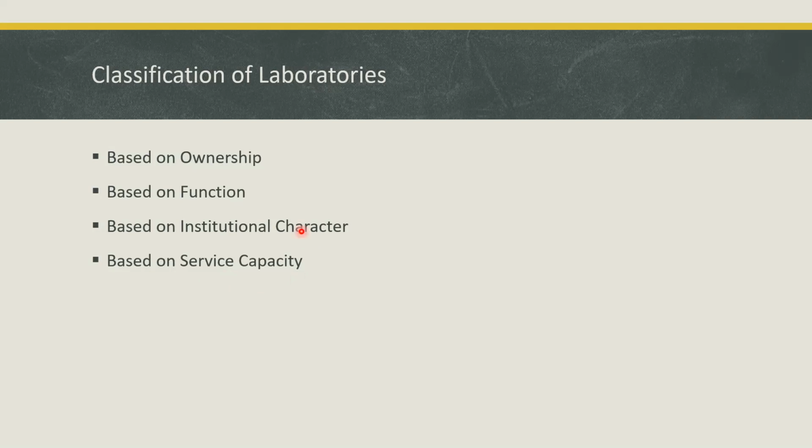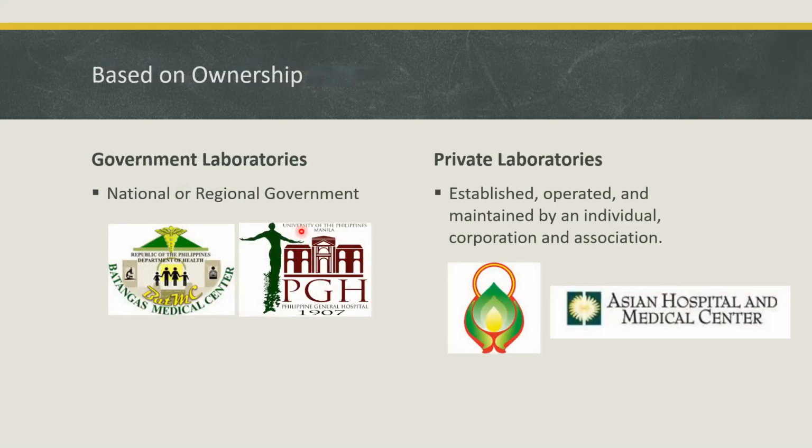If based on ownership, it means, is it a laboratory governed or managed by the government, like a government or public hospital, or is it a private laboratory? Now, if it's a government laboratory, it can be managed by the national government or regional government.